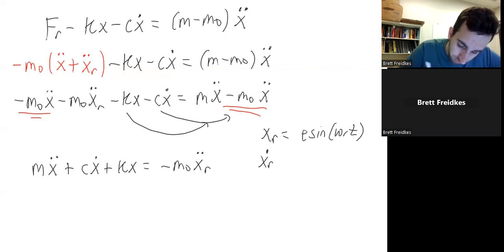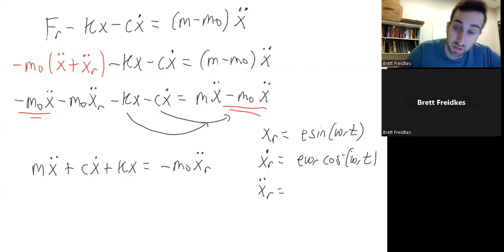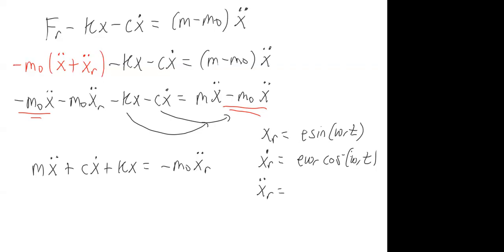And I already mentioned this before, but I'll do it just to be thorough. If I take the derivative of this, an omega r will come out. And if I take the second derivative, another omega r will come out and end up being negative. So negative e omega r squared sine omega r t.